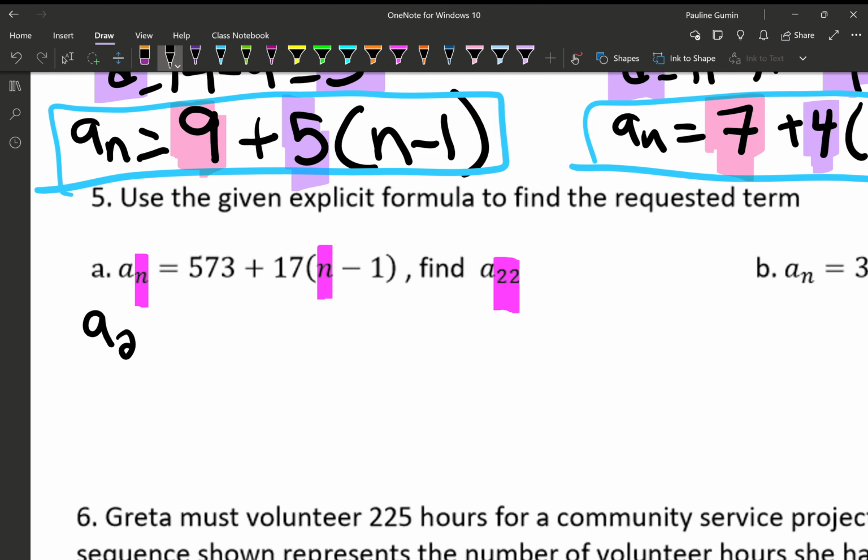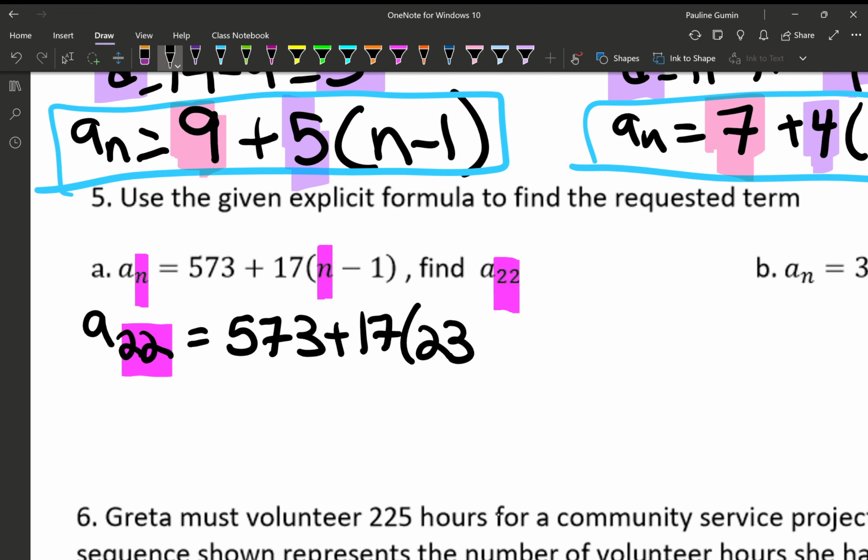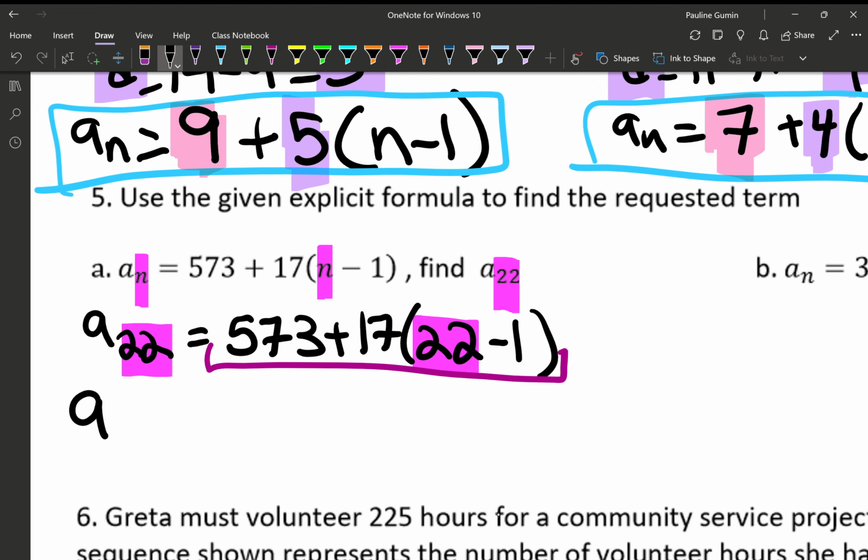So the 22nd term, A22, equals 573 plus 17 times 22 minus 1. This whole part goes into your calculator. The 22nd term is 930. Voila.